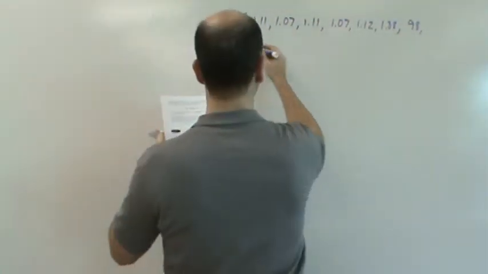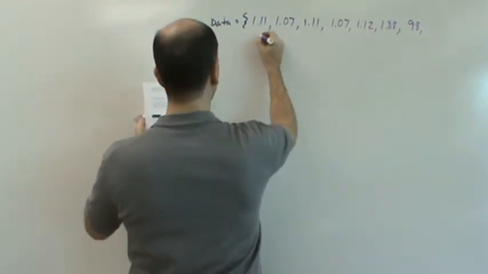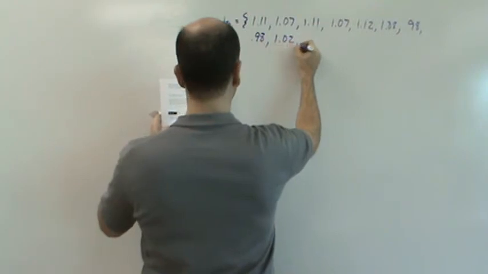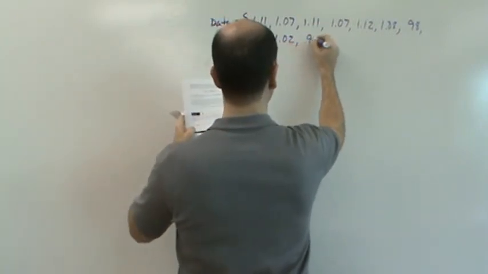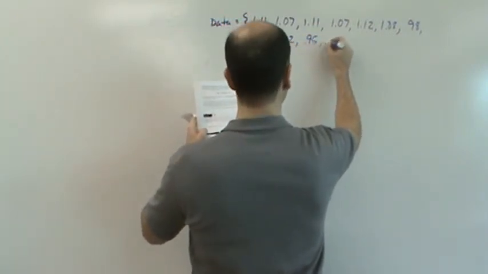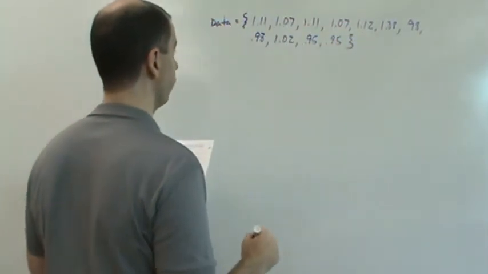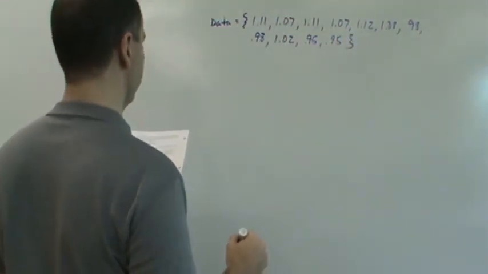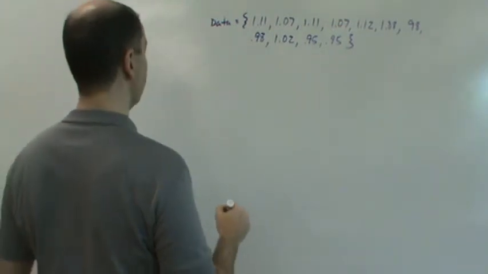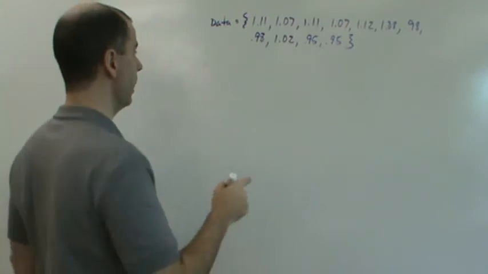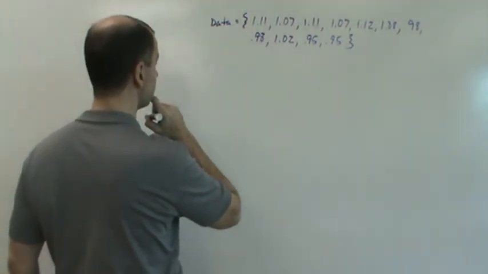I just want to make sure I'm not going off. So 0.98, and then we get 0.98, 1.02, 0.95, 0.95. So there's our data. And so we have 11 randomly selected pieces of a particular glass, and this is the conductivity.